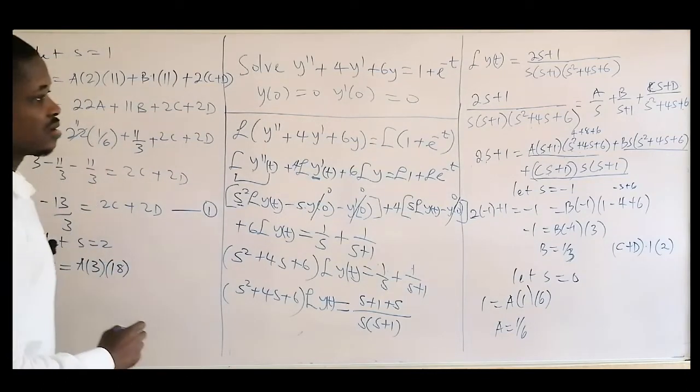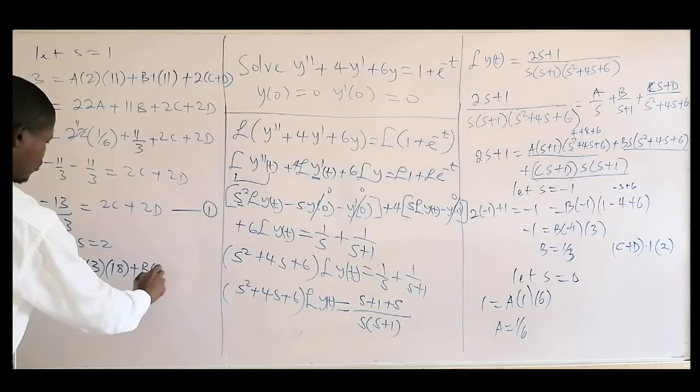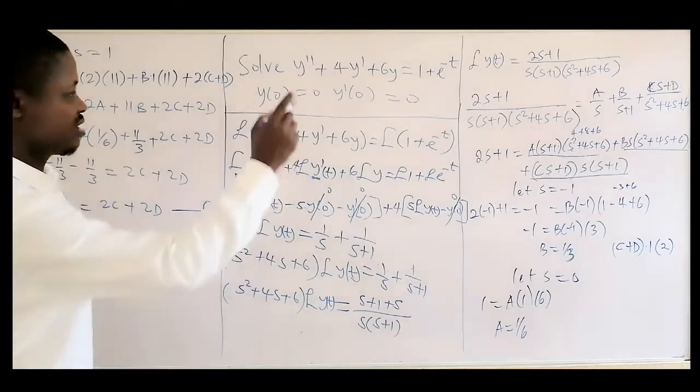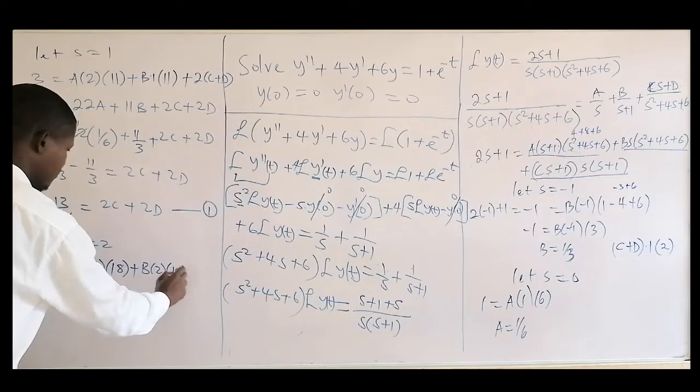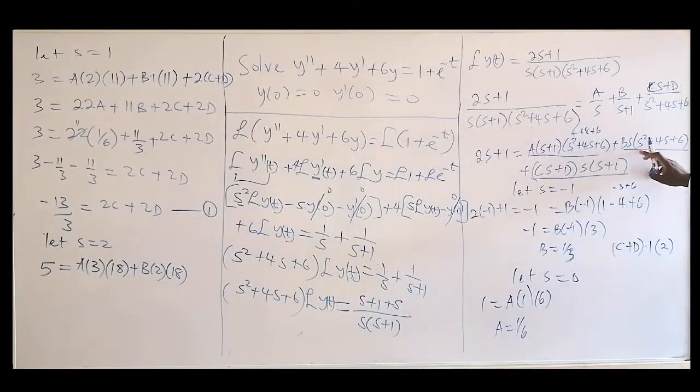Then plus b times 2. The quadratic expression, if you put 2 there, you have your 4 plus 8 plus 6, which is equal to 18.